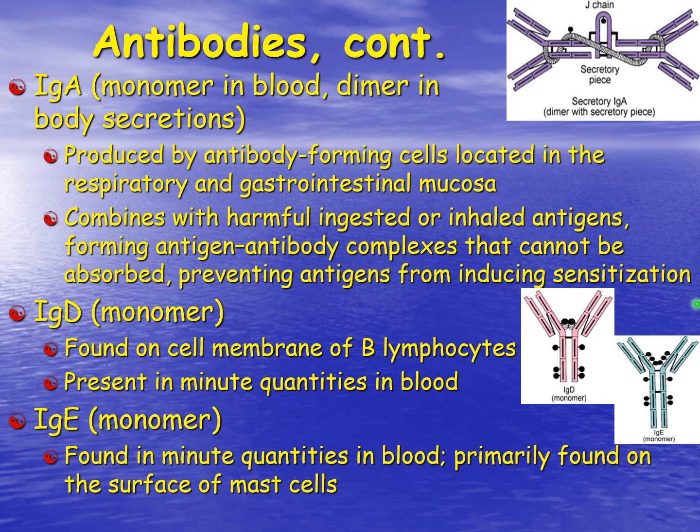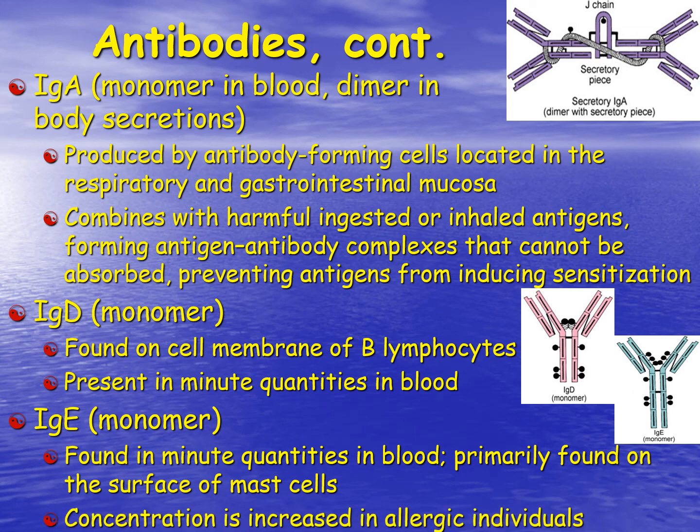When the antigen binds to the antibody on the surface of the mast cell, it causes the mast cell to undergo degranulation and cause the inflammatory response. So the concentration of IgE on the surface of mast cells is oftentimes increased in allergic individuals. IgE is also involved in parasitic infestations.